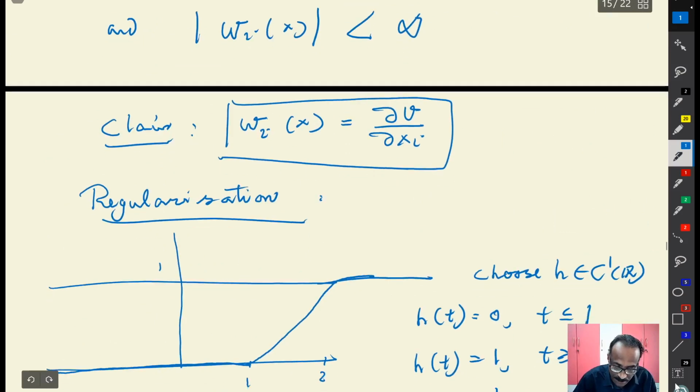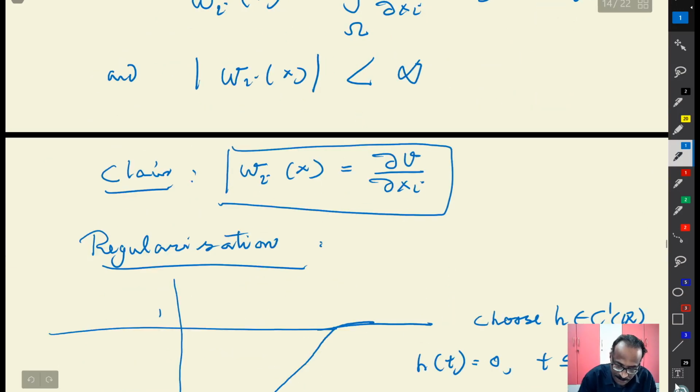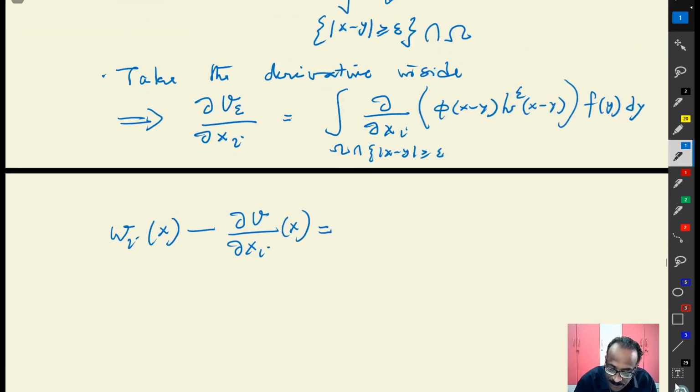You look at your definition of wi of x, which is dphi by dxi times f of y. If you work it out, h epsilon will be 1, which is the same as wi. So if I do the subtraction for mod x minus y greater than or equal to epsilon, it will get cancelled because h epsilon equals 1, which is the same as wi.